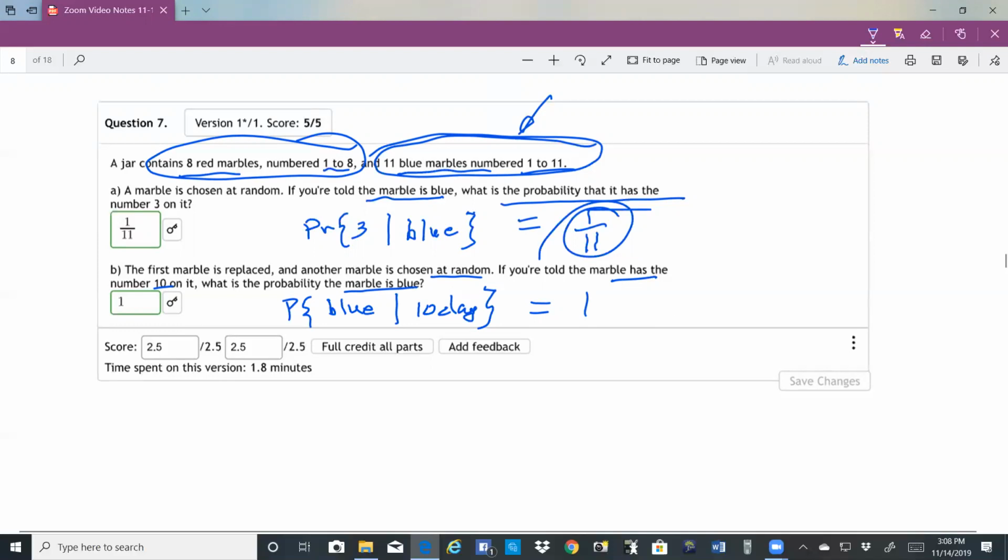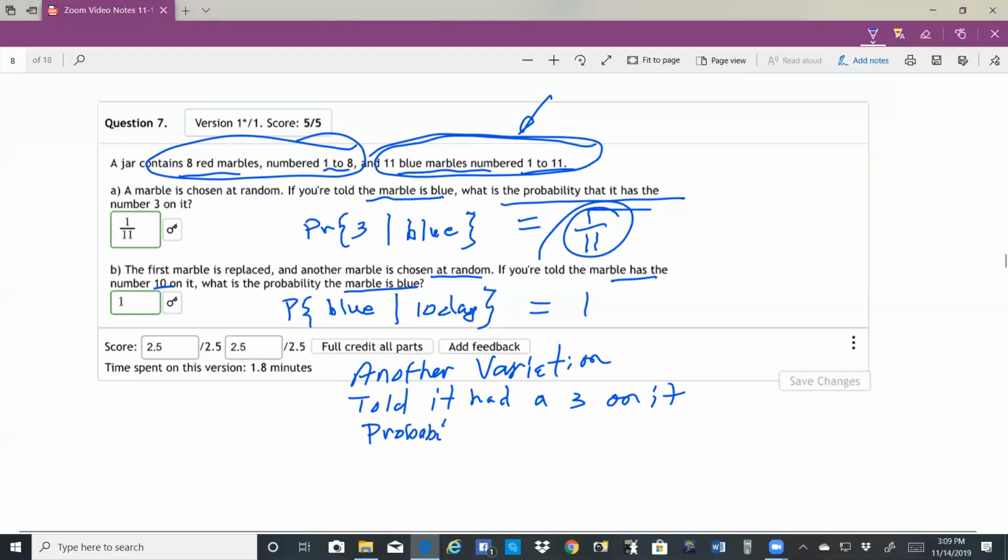There were some other variations on the test. Another variation was if you're told it had a 3 on it. What's the probability of drawing blue?